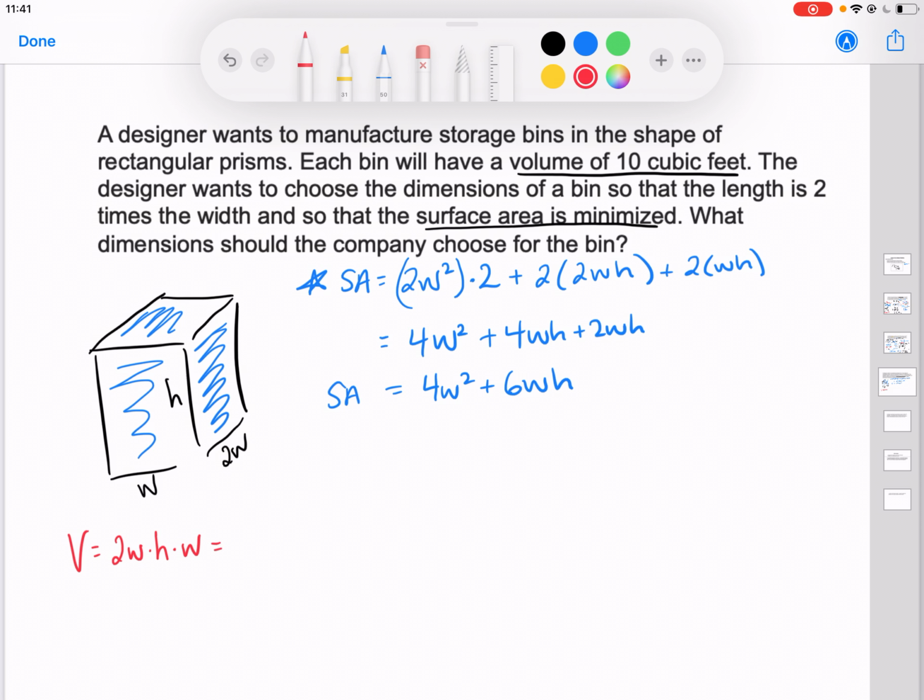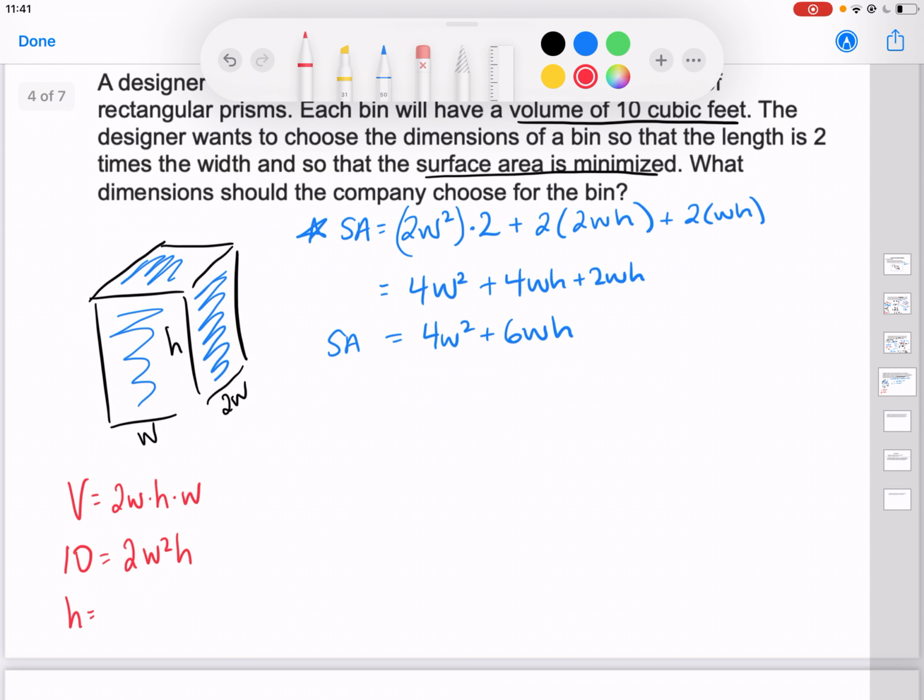We know that the volume is 10, so I'm going to do some substitution. 10 is equal to 2w squared times our height. If I divide both sides by 2w squared, you get that the height is 10 over 2w squared, or just 5 over w squared. So I can then plug that in to our equation.